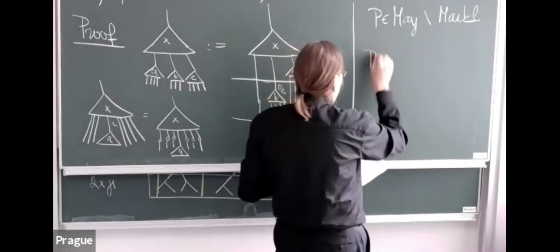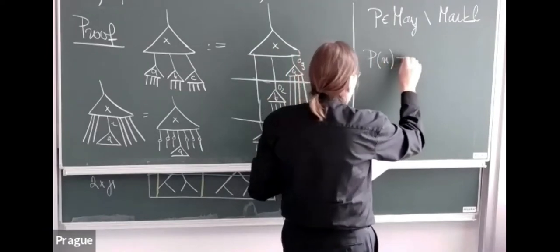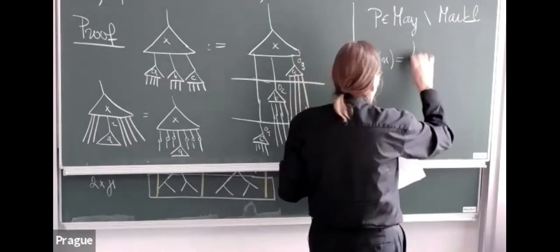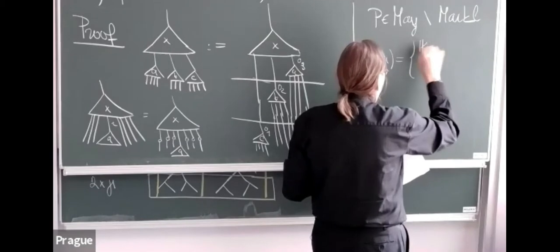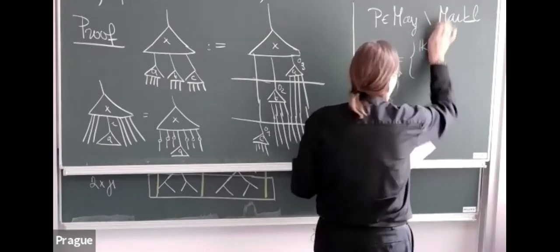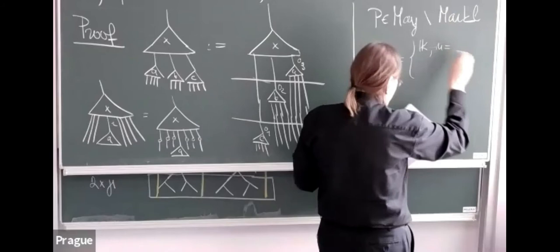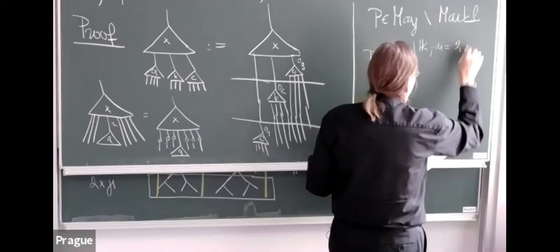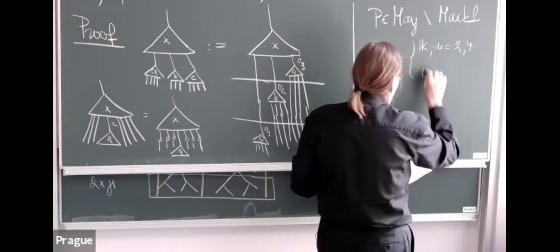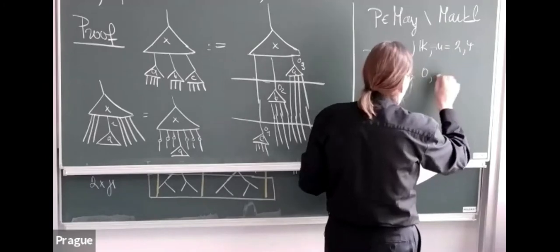And this is kind of an exercise. So I define P_n, well, I'm in vector spaces, so it is K, the ground field, if n is 2 or 4, and it is the trivial vector space otherwise.